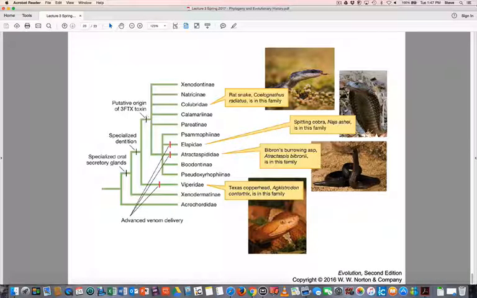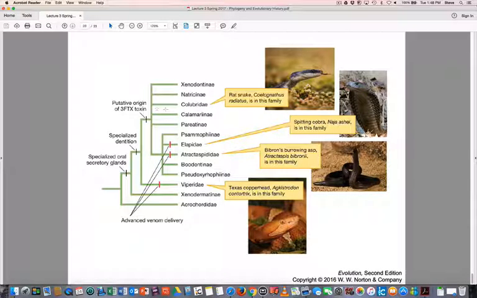Based on this phylogeny, people started to explore where this toxin is found, and we'll give you just one example. This 3-FTX toxin arose in this ancestor, and since a lot of these other things besides the Elapidae and Atractospididae descend from it, people suggested, well, maybe they do have toxins.